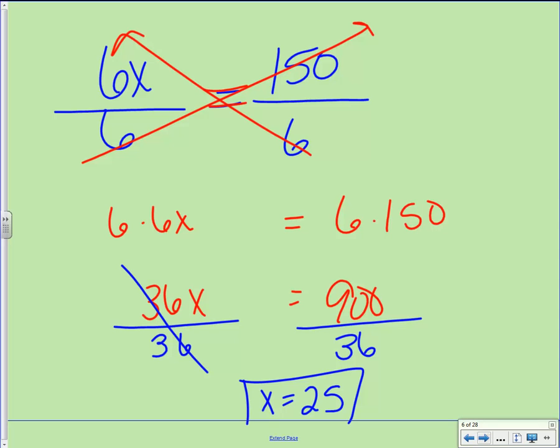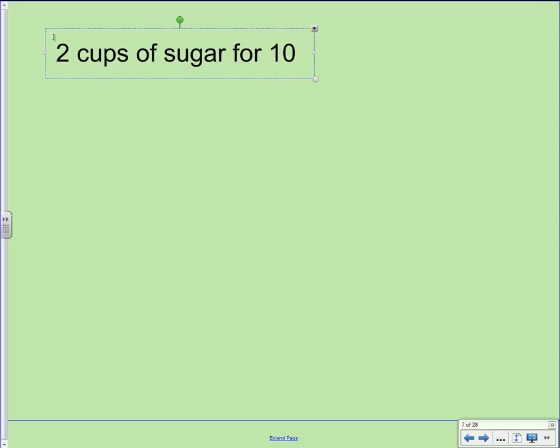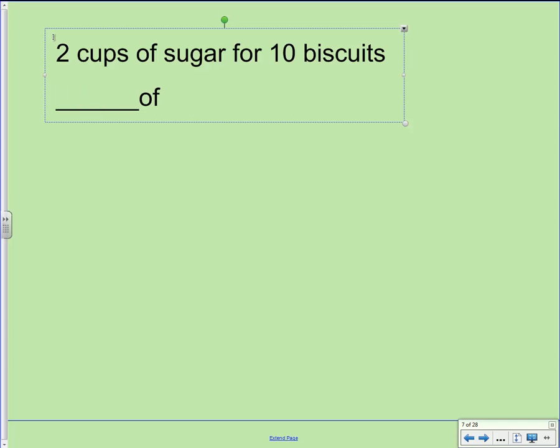Okay, we're going to try one that has kind of a cooking word problem. So I'm going to type out this little word problem here for you. All right, so you need 2 cups of sugar for 10 biscuits. And how many cups of sugar do you need for 30 biscuits?